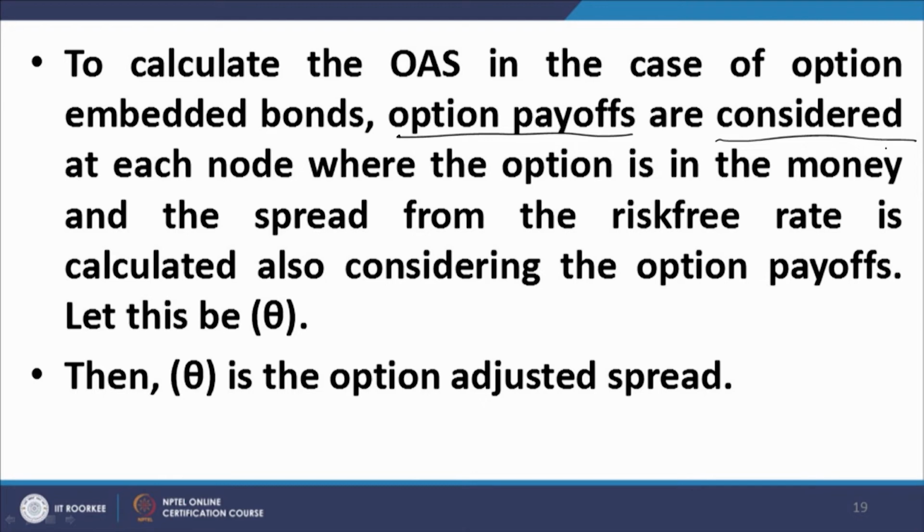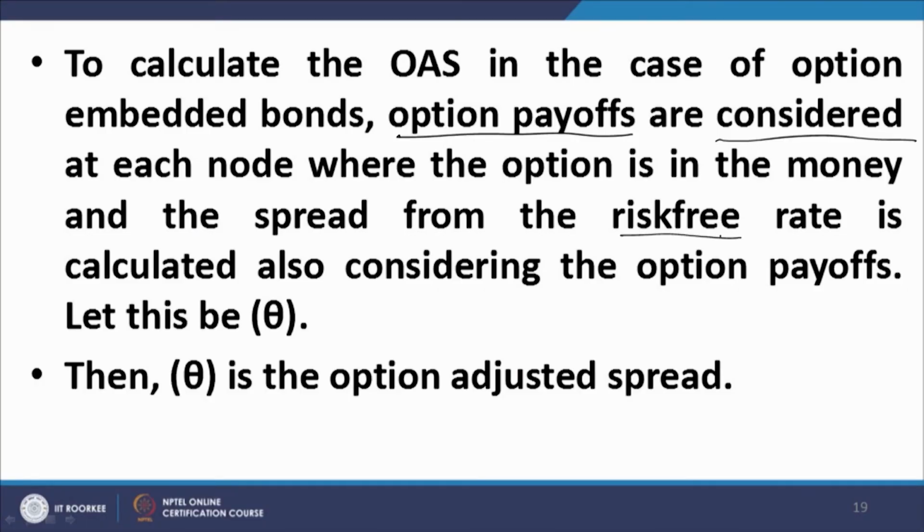At each node where the option is in the money, the spread from the risk free rate is calculated also considering option payoff. So, please note, for consistency, this is important. For consistency, we need to consider the option payoffs both when we are using the risk free rate and when we are using the risk free rate plus the option adjusted spread add on.